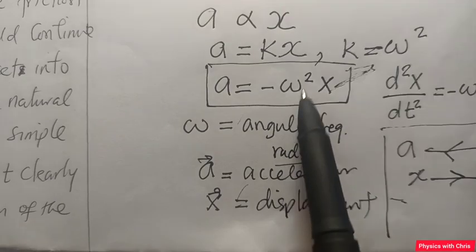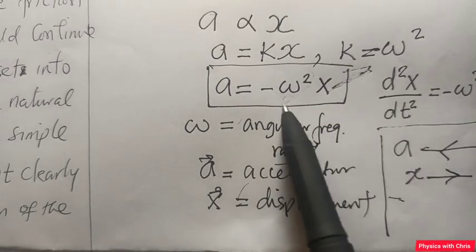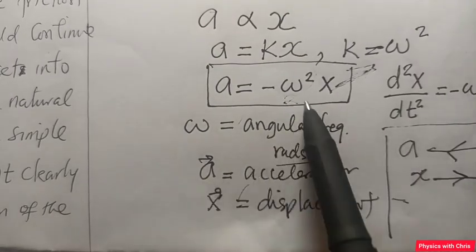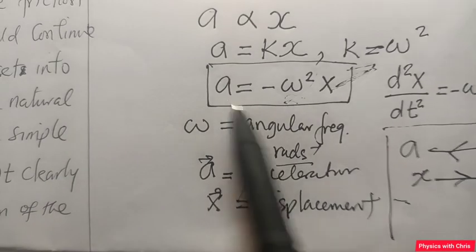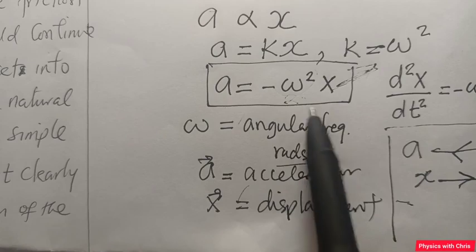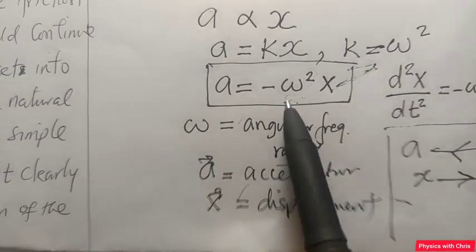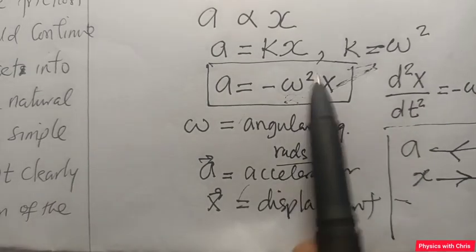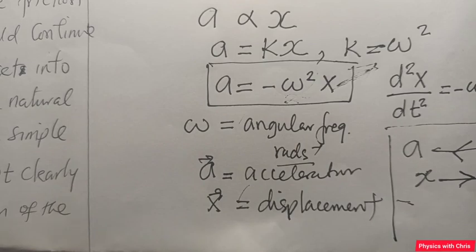If the constant omega squared was 2, it means that when displacement increases by 1, acceleration will increase by 2 times 1. When it increases by 2, acceleration increases by 2 times 2. So this is how to identify a system that is moving in simple harmonic motion. The acceleration must not be constant. It must vary. It must increase as the displacement increases.